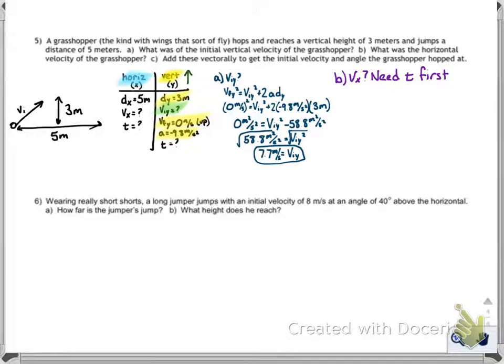And I can do that by using the vertical side again, because on the vertical side, we know the time here is going to be the same as the time in horizontal. So I'm going to find an equation that's going to work. This is the easiest one. So I've only got my one unknown and 3 knowns. I'll plug in all my values and solve for t.